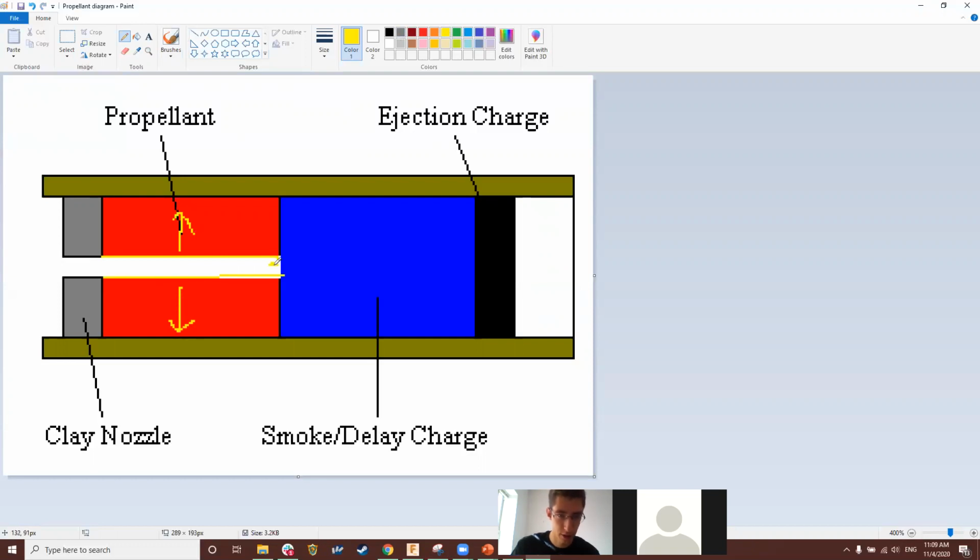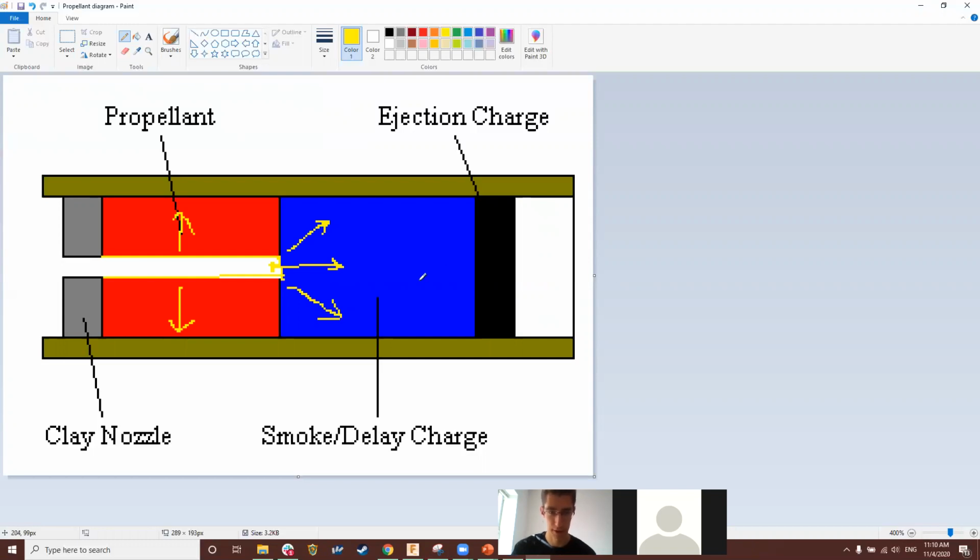The igniter is somewhere here. As soon as you ignite, this burns, and also this thing burns. The blue thing is the delay charge. What it is essentially is very similar to propellant. It's some mixture that is supposed to burn for some specified time.